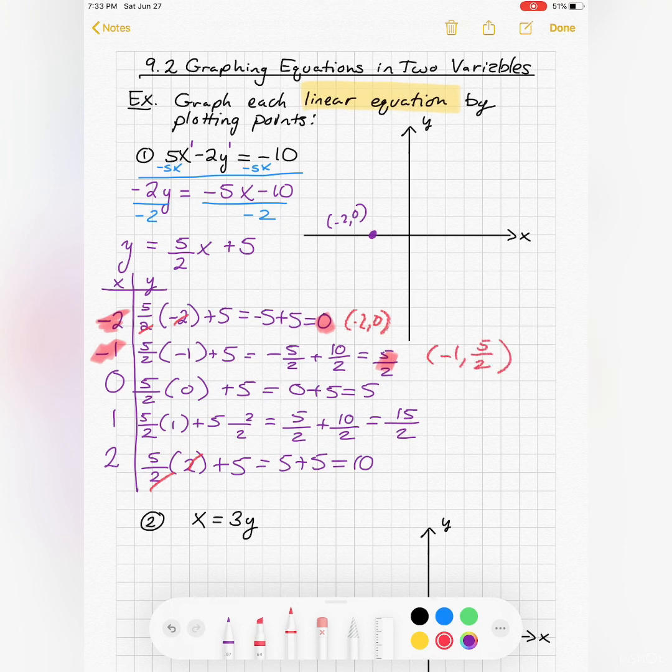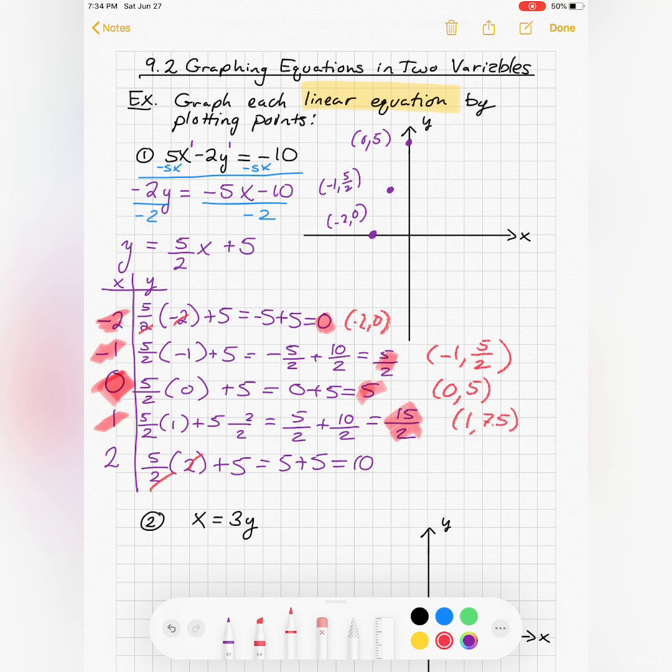So 5/2 is 2.5. Zero, 5. One, 15 over 2. Let's see, 15 over 2 is what, 7.5?